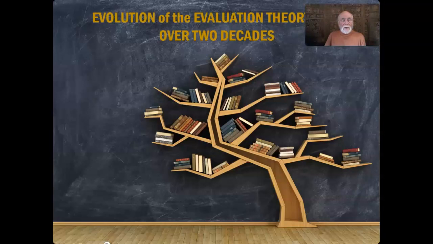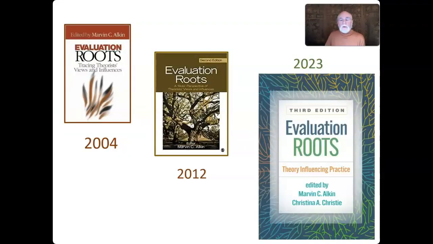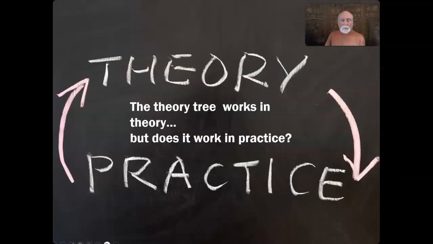And in examining, in the first video, the evolution of the evaluation theory tree over 2 decades, have suggested that it is time to move from allocating the theorists to a particular branch to looking at how their practice engages all the branches. And so the question that I've been posing for the theory tree in this video is, the theory tree works in theory, but does it work in practice?